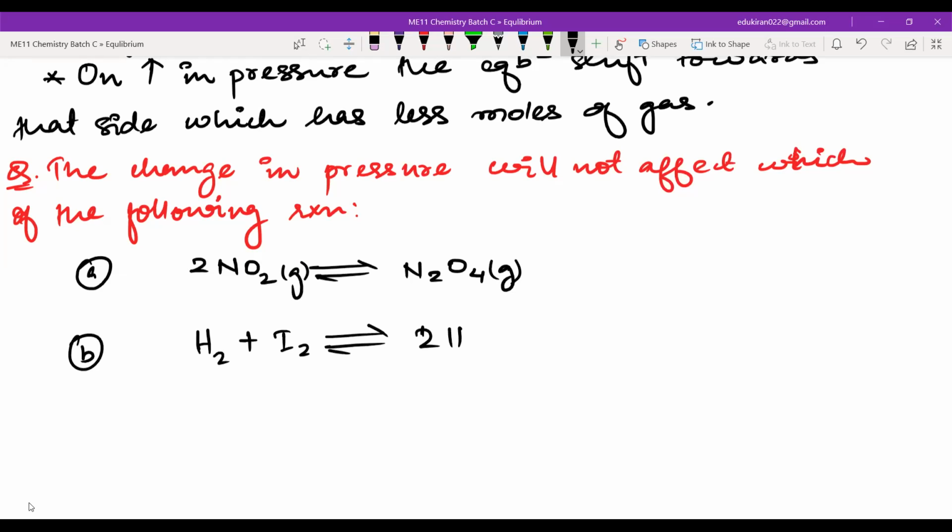Choose any of those which will not have any effect from the pressure.